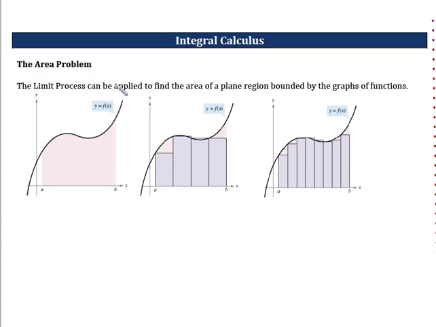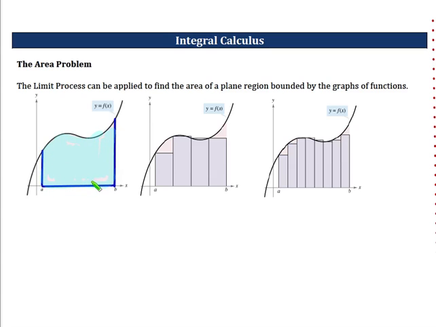So the limit process can be applied to find the area of a plane region bounded by the graphs of functions. If we take this nice curve right here and we bound it between these two vertical lines at x equals a and x equals b, and then also with the x-axis, we can actually determine the area under this curve.